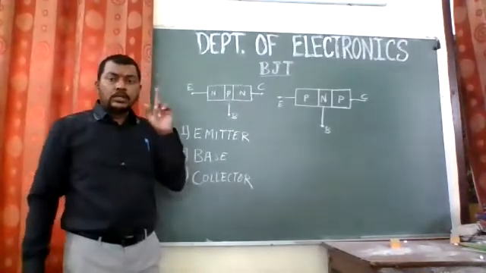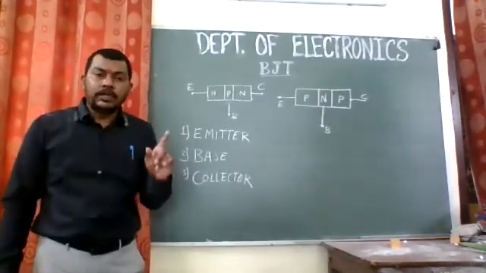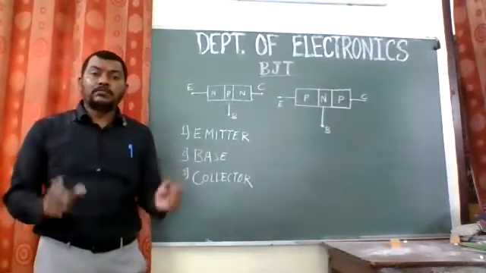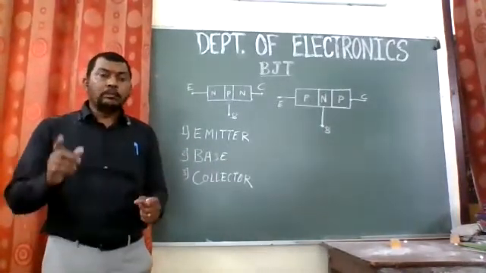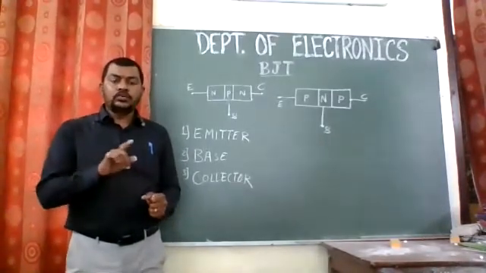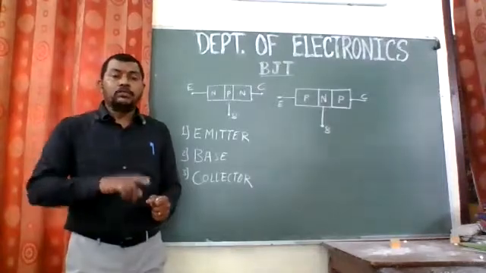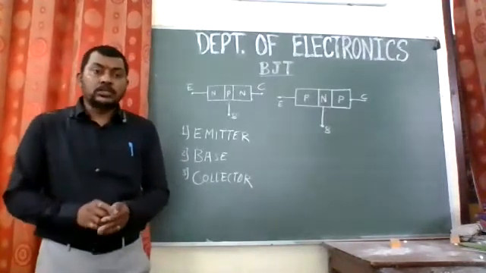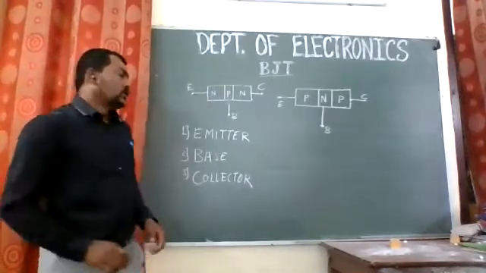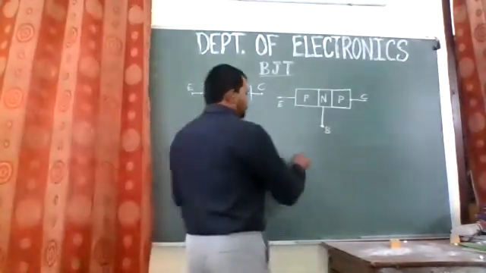A question is asked every time to draw the symbols of the NPN and PNP transistor, and we get confused about drawing the arrow. So remember, the arrow is always from the P type to the N type. This is the best way to remember how to draw the symbol. So let us try to draw.